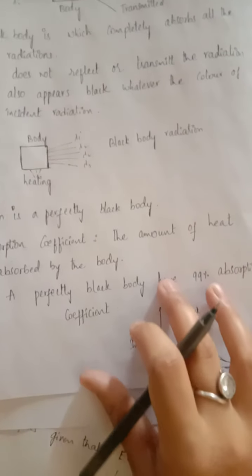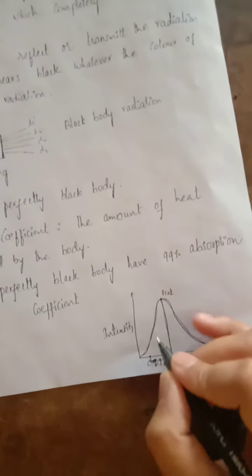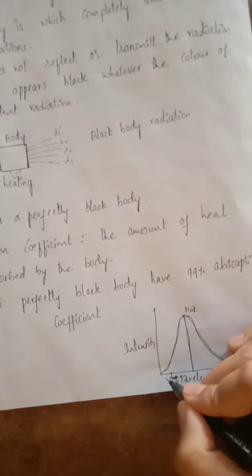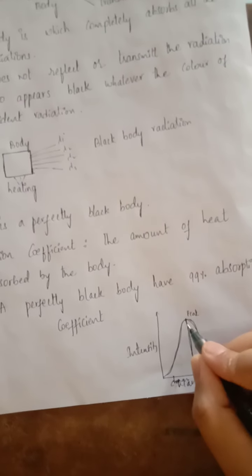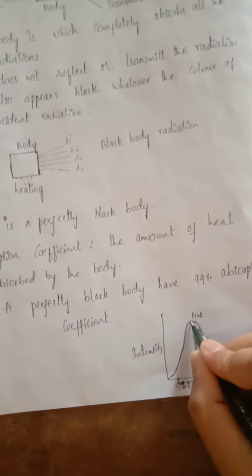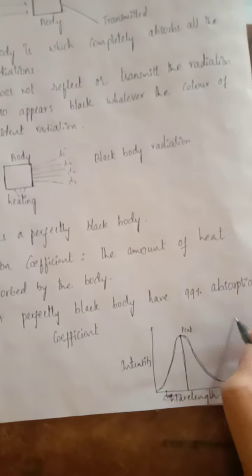And if we draw a graph between the intensity and the wavelength of that radiation, it will look like this. When the wavelength is less, the intensity is less. When the wavelength is higher, the intensity gets higher. And at a particular wavelength the value is a peak value, which we call lambda max.